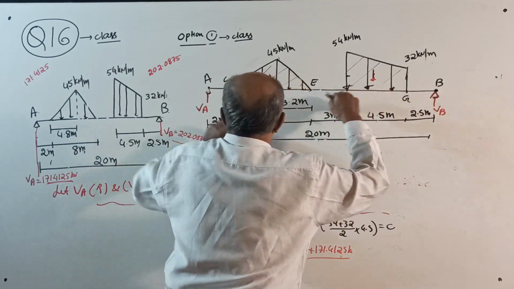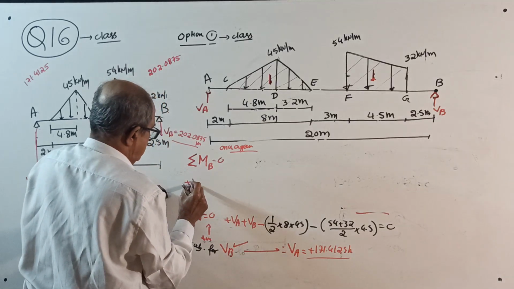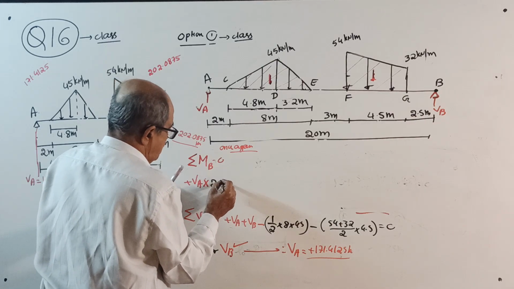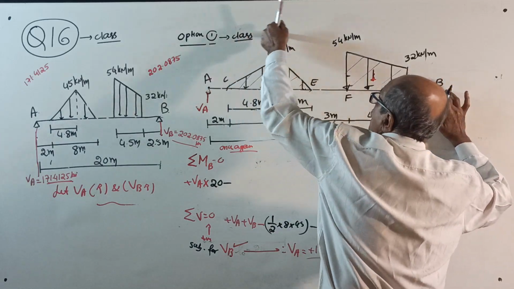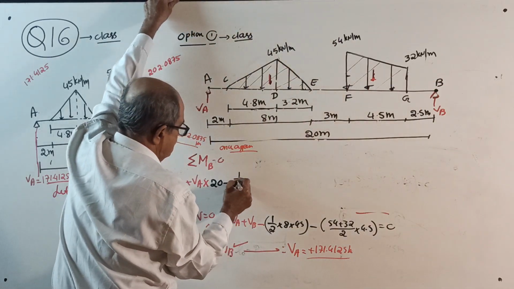Remember, B. Start. Plus VA into 20 minus, see, minus moment of this load, half into 8 into 45.